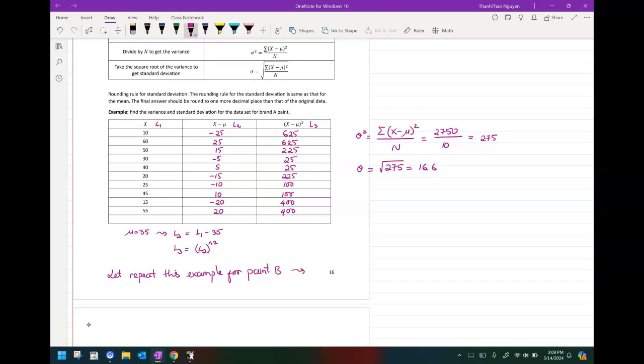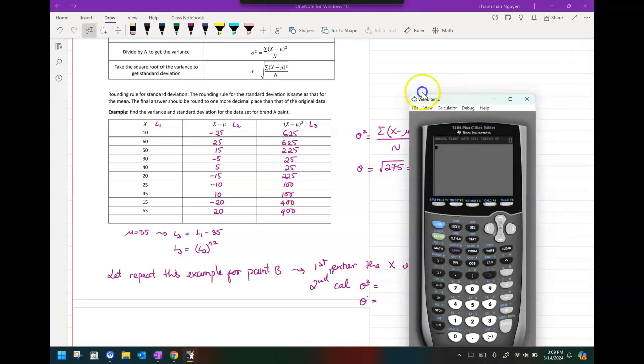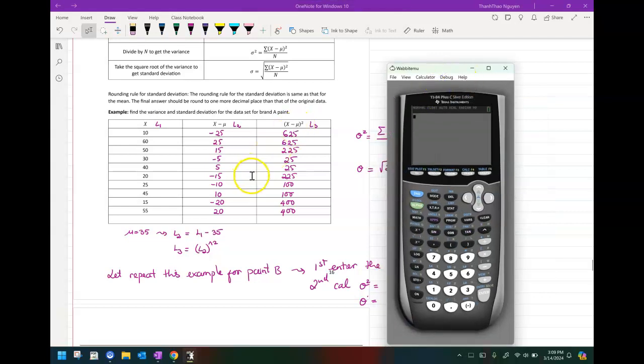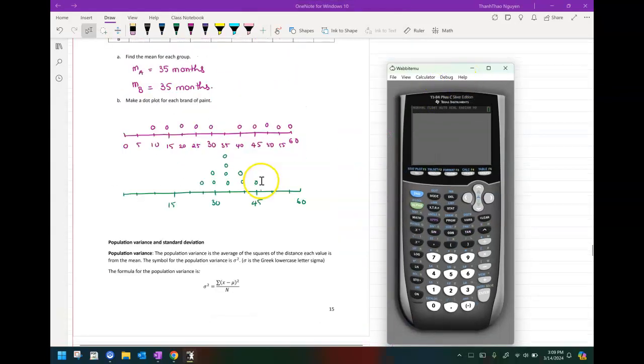So the first thing, I will enter the x values into list 1. Second, we calculate the variance and standard deviation using your calculator. So let's go ahead and do that. So let's go back to our data for pen B.